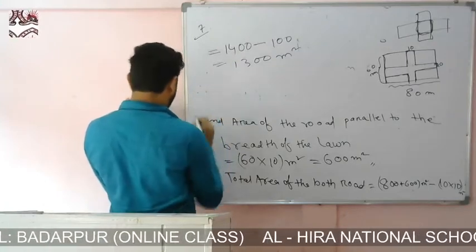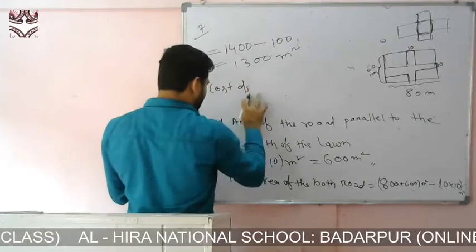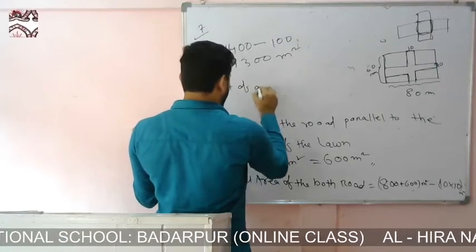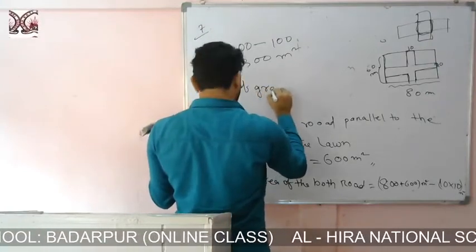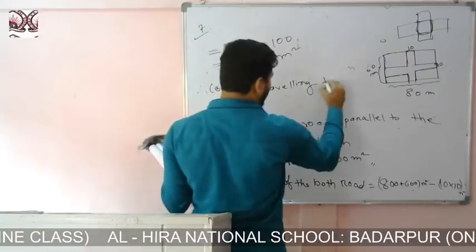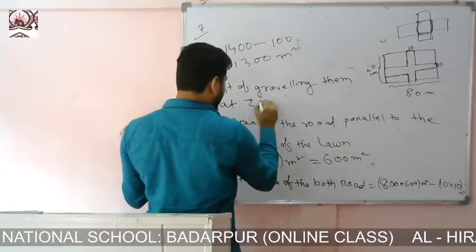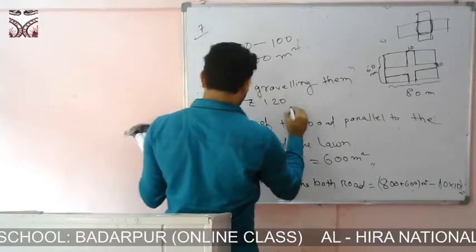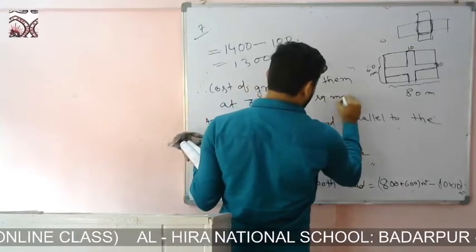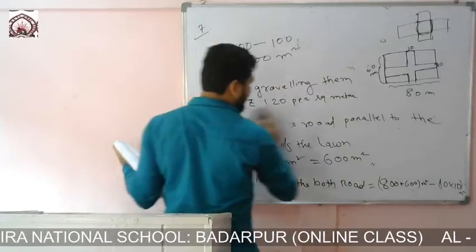Therefore cost of graveling them at rupees 1.20 per square meter is equal to what?